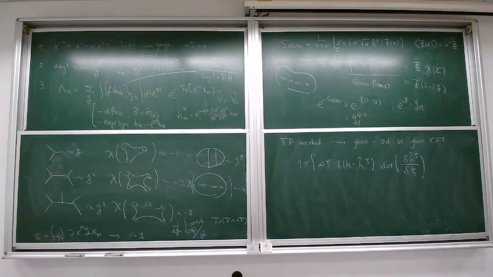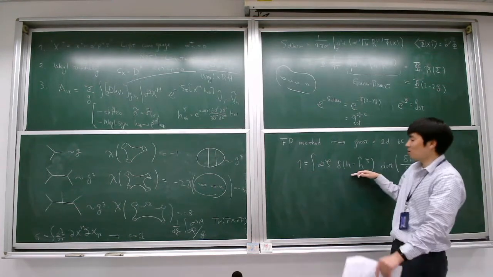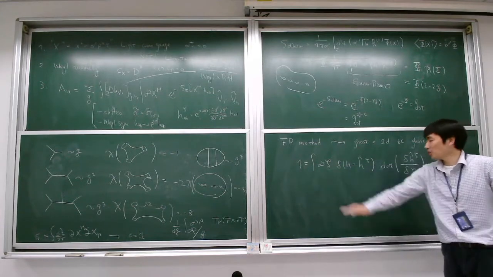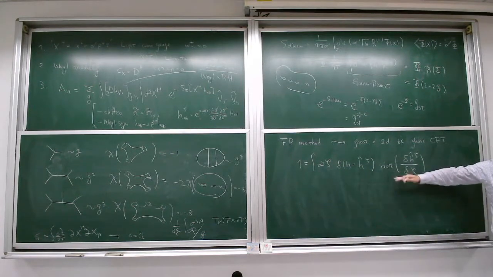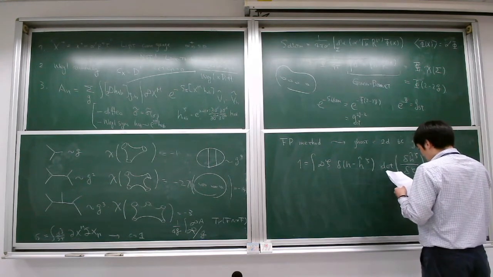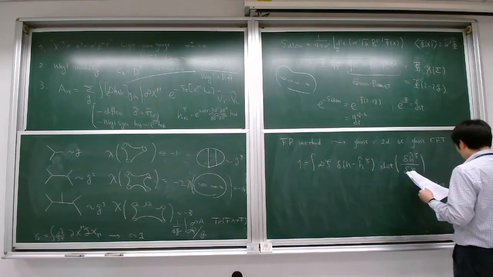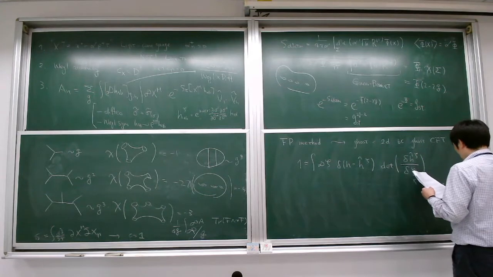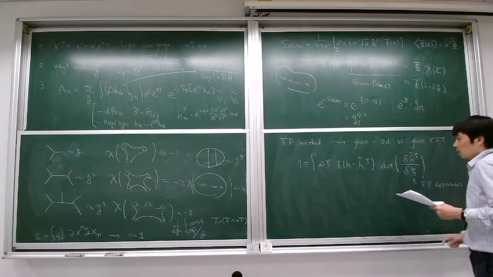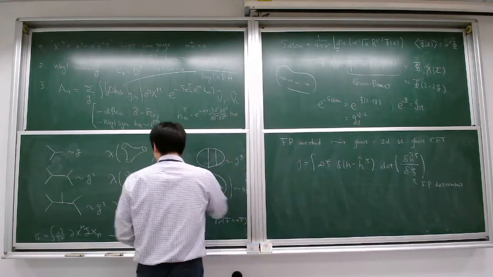So we just include a delta function: 1 is equal to a delta function times some measure with a Jacobian. This is the Jacobian, called the Faddeev-Popov determinant. And we just insert this 1 inside the path integral here.